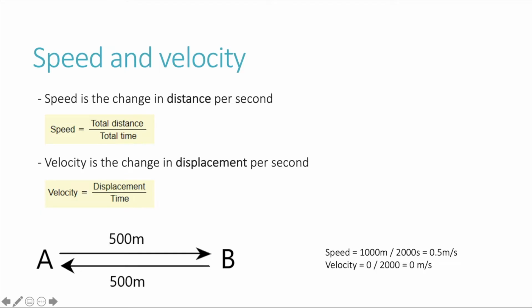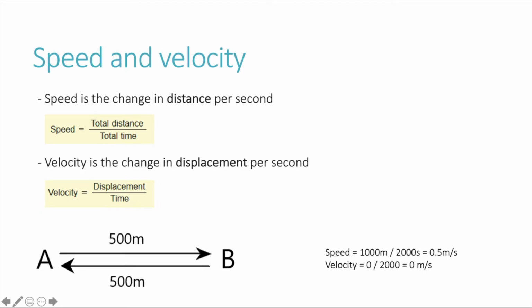A very good example here is if you imagine point A and point B, and the difference between point A and point B is, say, 500 meters. Let's just say that your starting point is A. So you start at A and then you walk to B, and from B you walk back to A. The total distance that you've covered would be 1,000 meters, because walking to B takes 500 meters and walking back to A is another 500 meters.